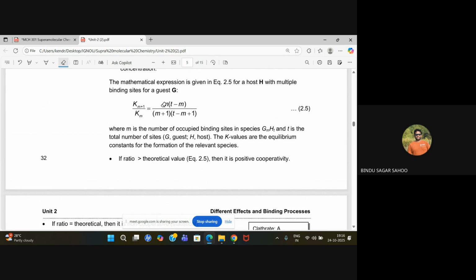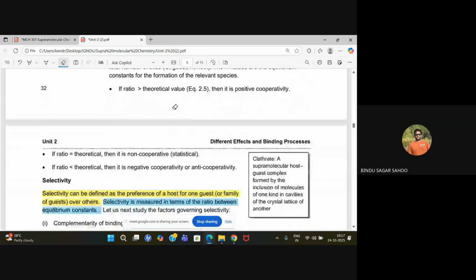That means in this expression the T value will always be more than the M value, or it can be equal to M. The M value cannot be more than T. It can be less than T, or equal to T.